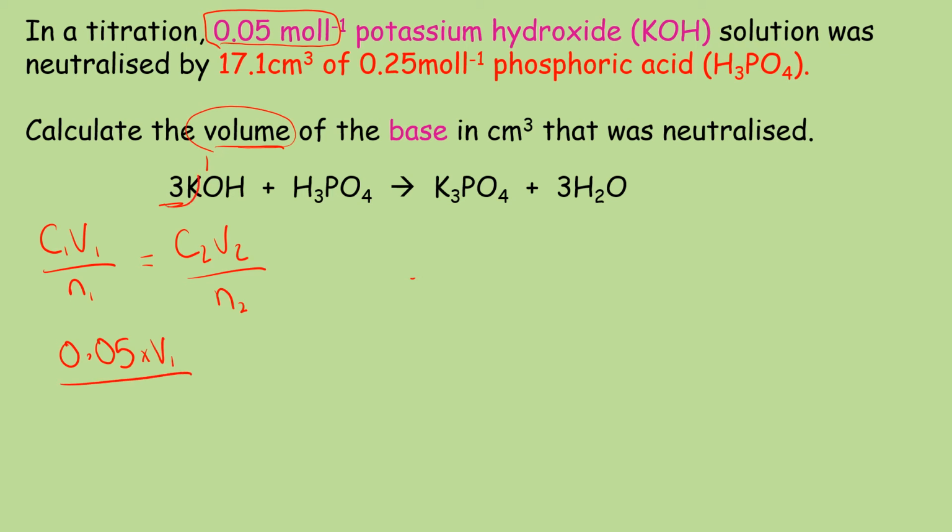This time the balancing number is our 3, so we're going to have quite nasty looking numbers when we're getting through this one. Chemical number 2 is our phosphoric acid. Concentration in moles per litre, remember, 0.25. Volume is going to be 17.1.